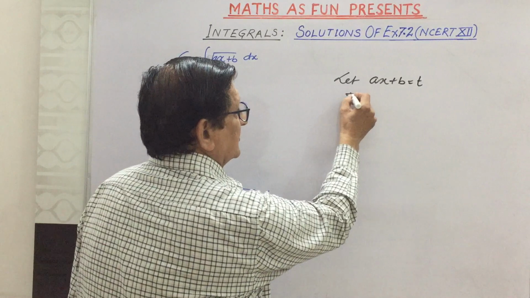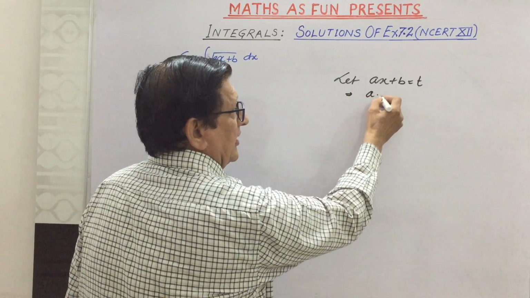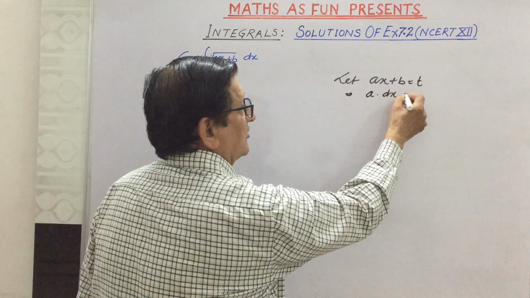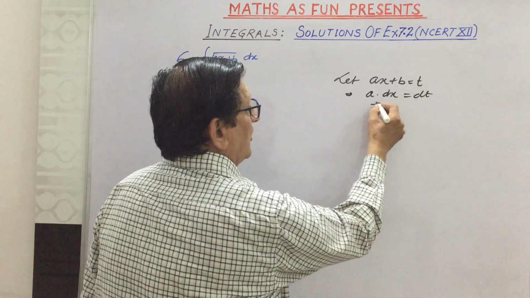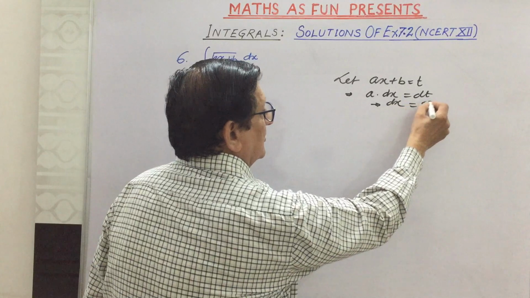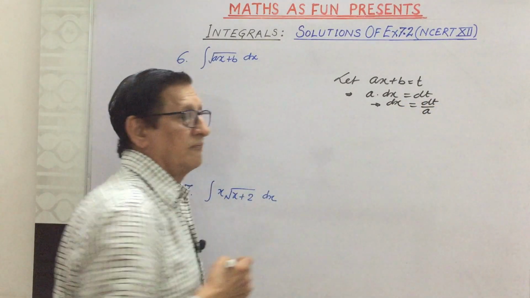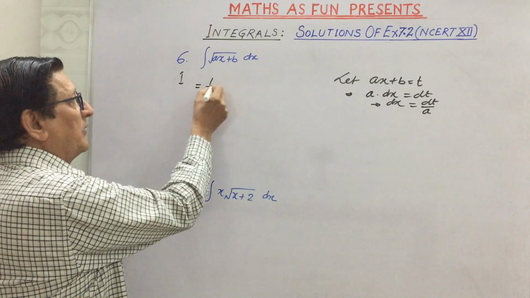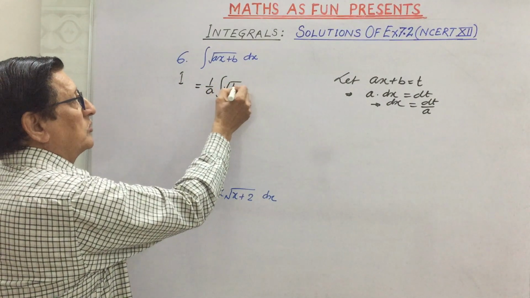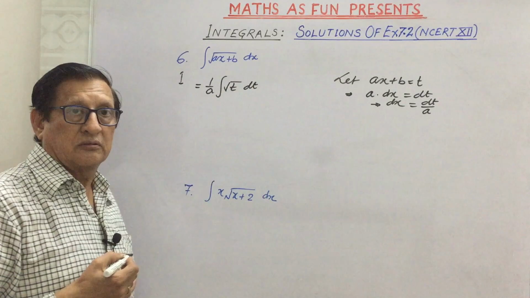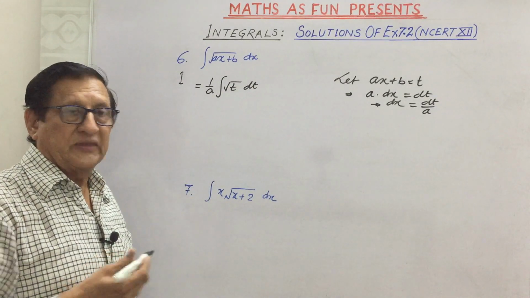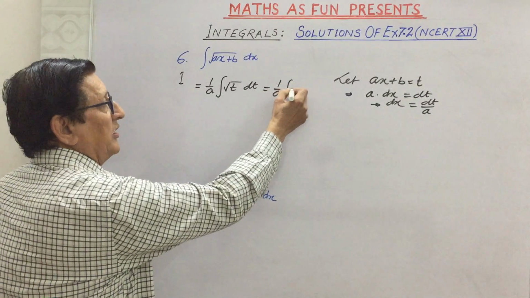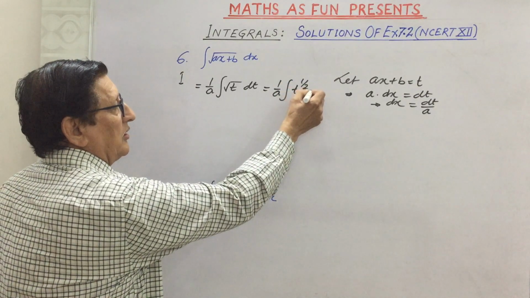Then differentiating this, we will be getting a into 1 plus 0, so this will be a into dx is equal to dt, or we can say dx is equal to dt upon a. And hence this particular question will become 1 upon a into root of t dt. Then we know this is t power half. We can write this as 1 upon a integral of t power half dt.